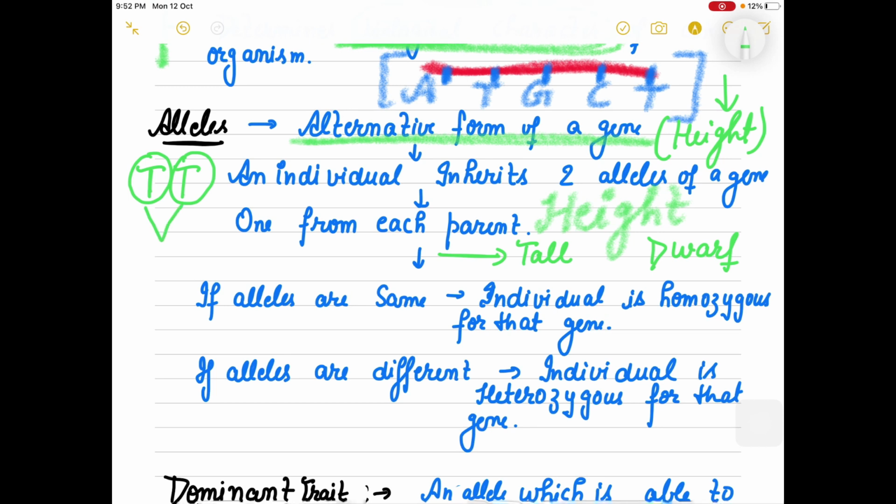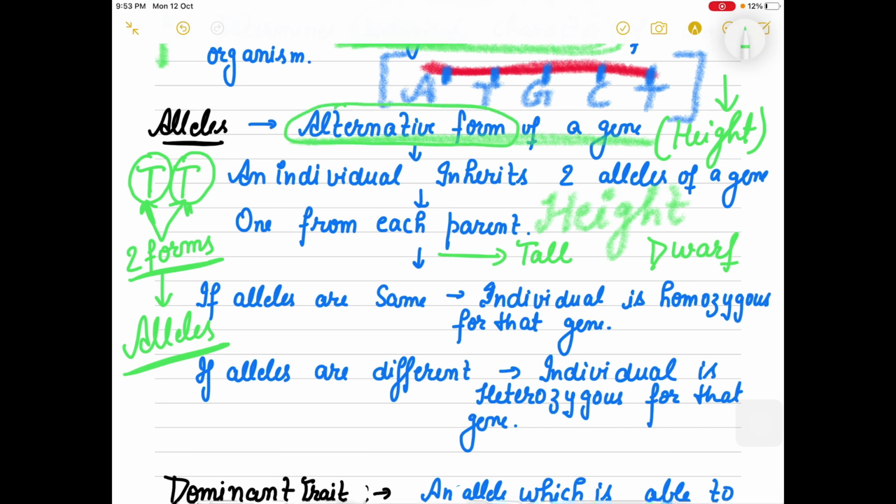So it has 2 forms, and these 2 alternative forms of a gene are called alleles. Sometimes we call them copies. One copy comes from the mother, one copy comes from the father. So the alternative form of a gene is known as alleles.